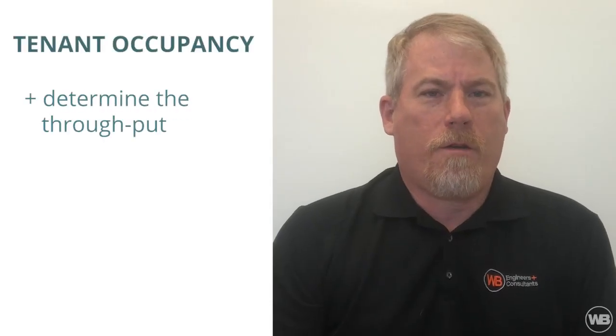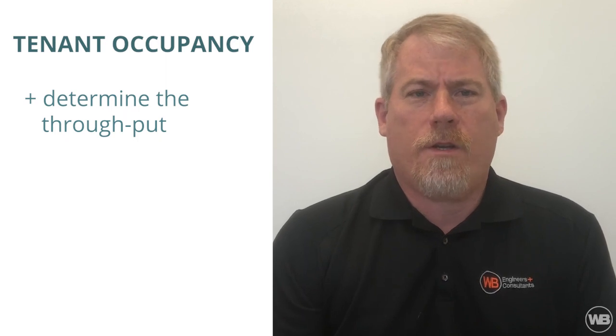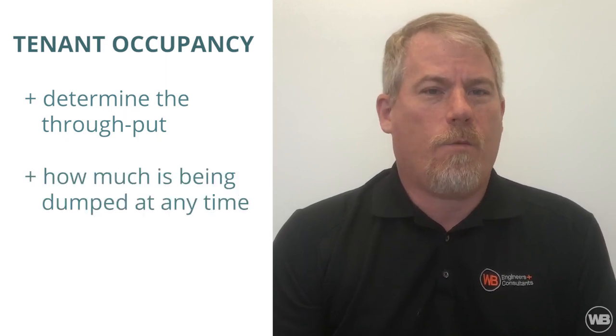The reason this is real important, and this gets into a detail once you have tenants in occupied space, you need to determine the throughput, the flow of lab waste, how much lab waste is being generated and how much is dumped at any one given time. So in the case of sinks, you have, generally speaking, the flow rate of a sink that flows water. It's easy to calculate.